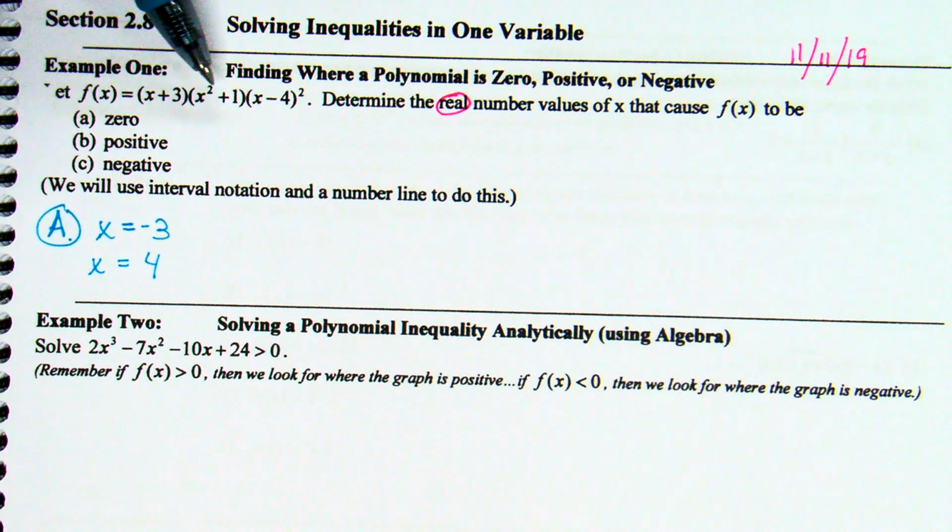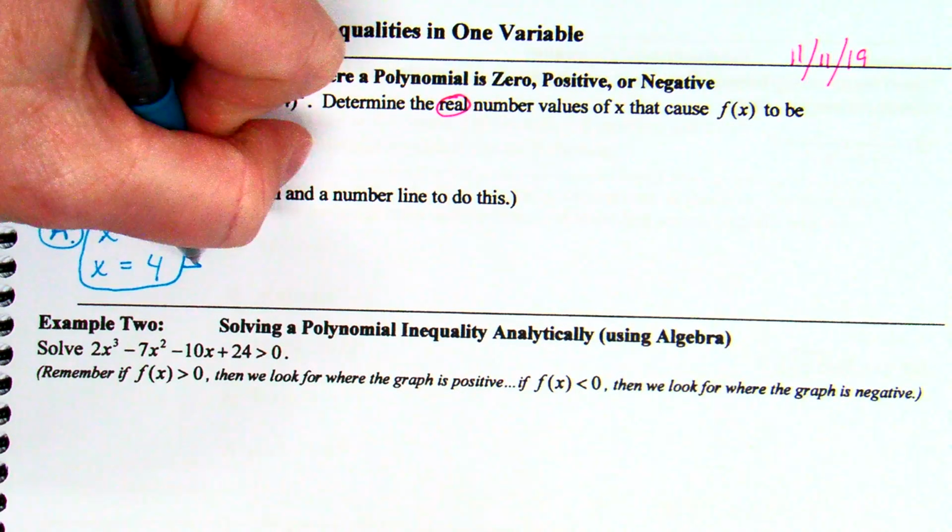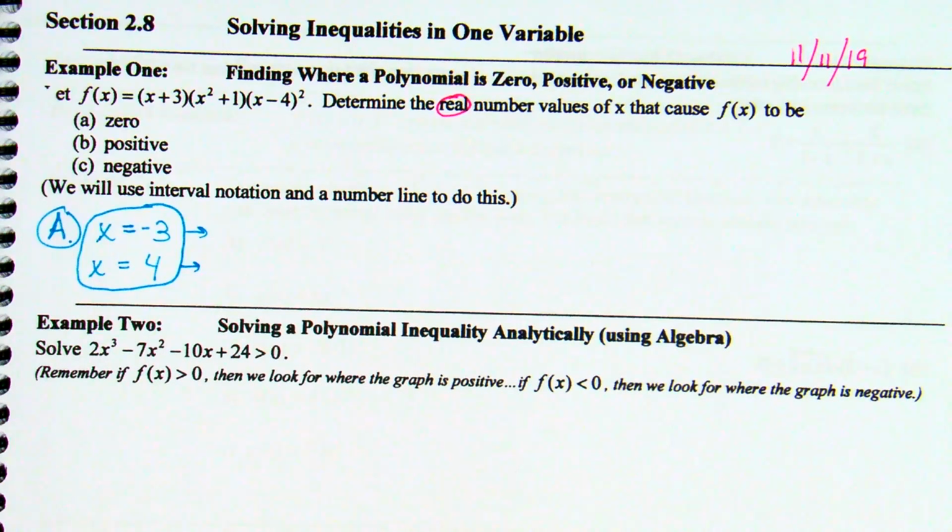The function equals 0 at x equals negative 3 and at 4. Let's talk multiplicity for a moment. I want to throw in a little mixed review, and it'll help us understand this problem a little bit. What's the multiplicity at each of these zeros?